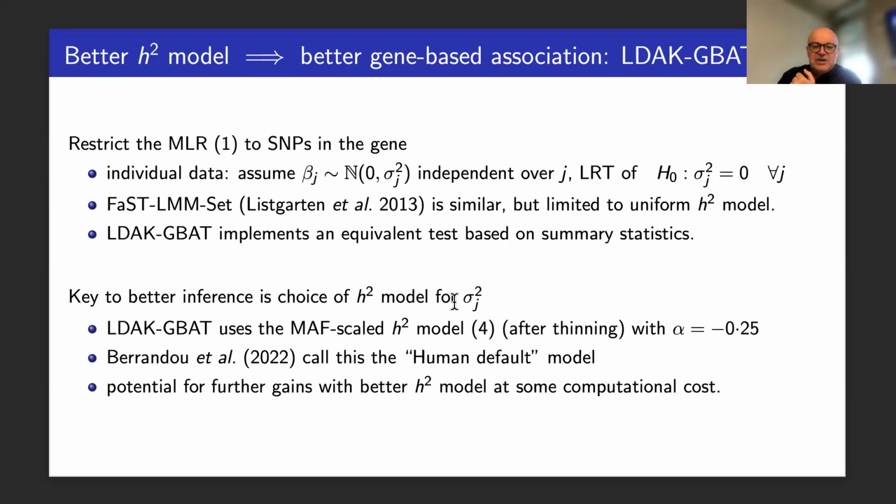So we used that MAF scaled model that I just introduced with the default value alpha equals -0.25. And that's a simple enough model that you could actually derive an approximation that works for summary statistics. And so we could potentially do better with better heritability models.